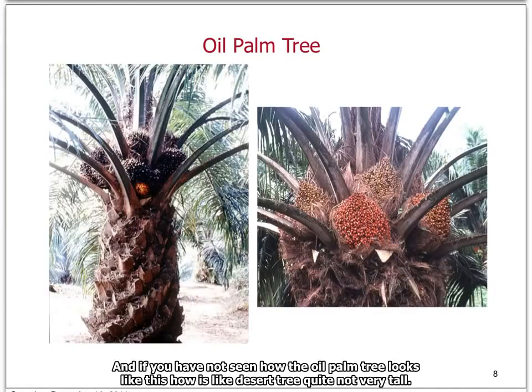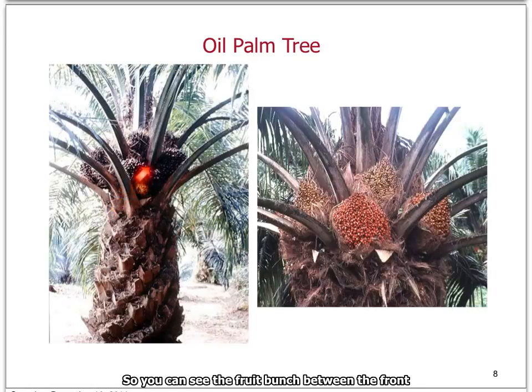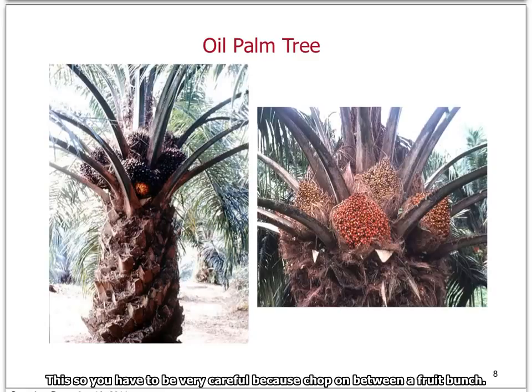If you have not seen how the oil palm tree looks, this is how it looks. The tree is still not very tall, so you can see the fruit bunch between the fronds like this. You have to be very careful because there's a sharp thorn between the fruit bunch. If you're not careful, you can get your fingers or your hand injured.